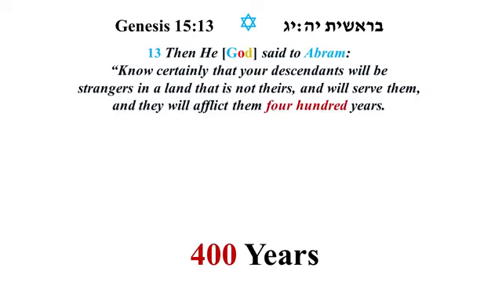In Genesis 15:13, it says, then God said to Abram, know certainly that your descendants will be strangers in a land that is not theirs, and will serve them, and they will afflict them 400 years. So, it is prophesied that the Jews are going to be afflicted 400 years.